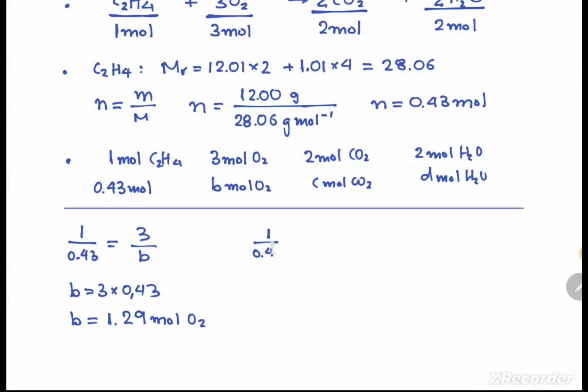Then we have for carbon dioxide, and the result is 0.86 mole. And finally, we find the mole of water, which is produced.